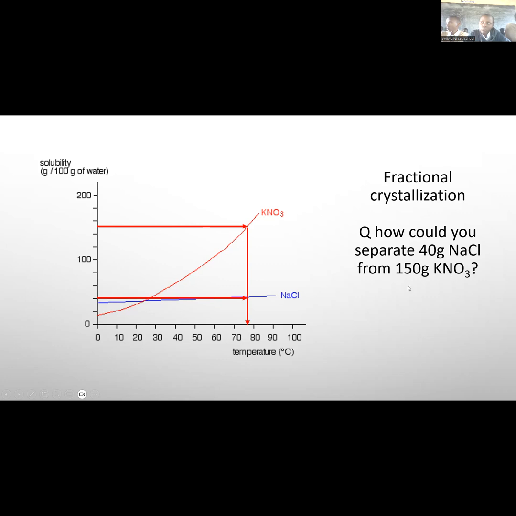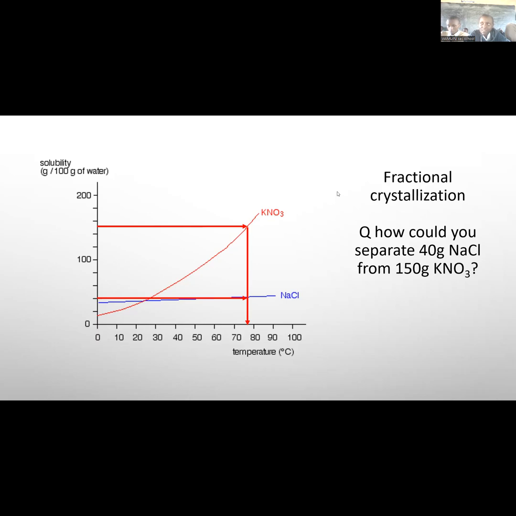So in other words, I have separated 110 grams of potassium nitrate from 2 grams of sodium chloride. That is what we call fractional crystallization. So you find a temperature at which both of them dissolve, but using the greater solubility of potassium nitrate, I can now cool it down until the potassium nitrate is coming out, but the sodium chloride is basically still in solution. That is fractional crystallization.